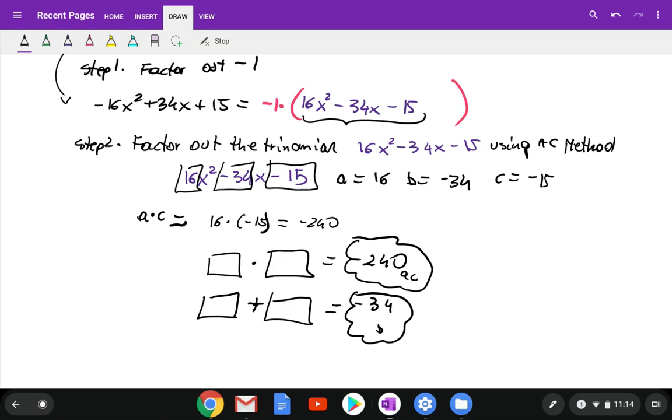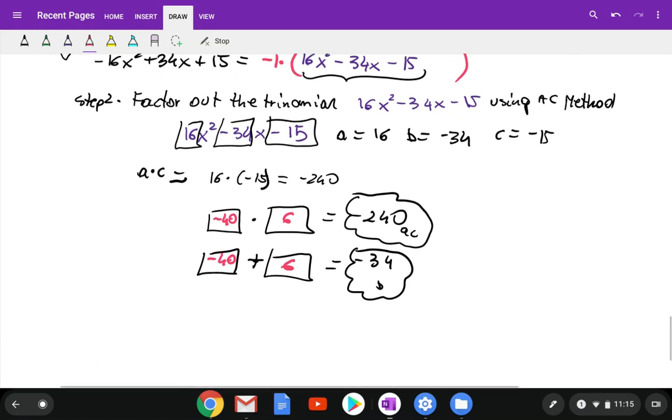It becomes a little more challenging when you have bigger numbers, so it may take a little time to find those integers. What's going to work? Negative 40 and 6. So give yourself time, don't give up so quickly. Just try to come up with all the combinations. Negative 40 times 6 is negative 240, negative 40 plus 6 will give you negative 34. So we have it.